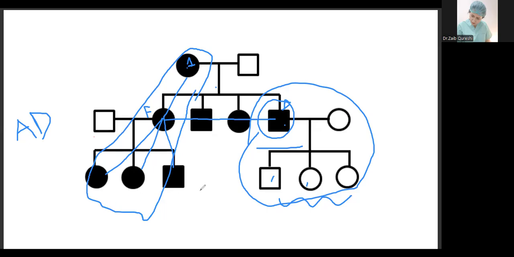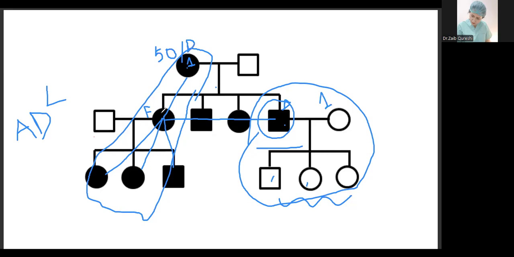And what other difference is here? We are discussing two differences. Firstly, the first difference is that this male should affect one or two of his babies for this to be autosomal dominant. And what is the other difference? If one mother is affected, there is a 50% chance of having a normal baby and a 50% chance of having a diseased baby when she is producing a child.